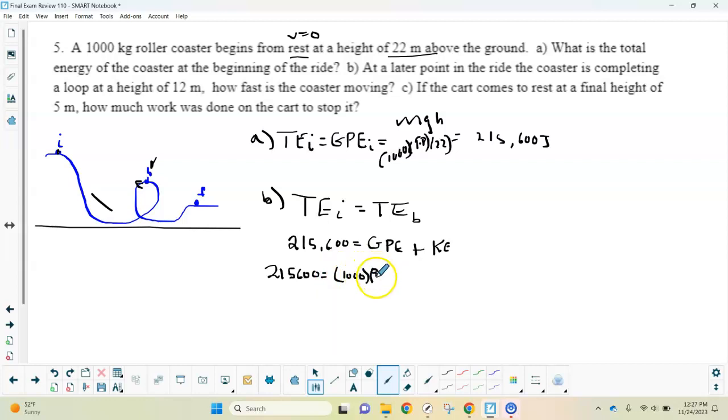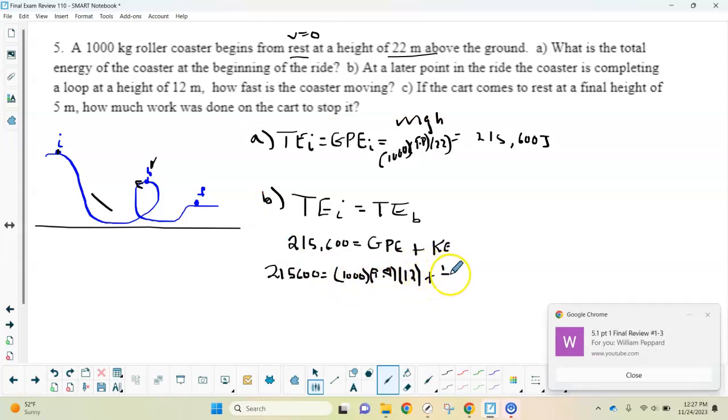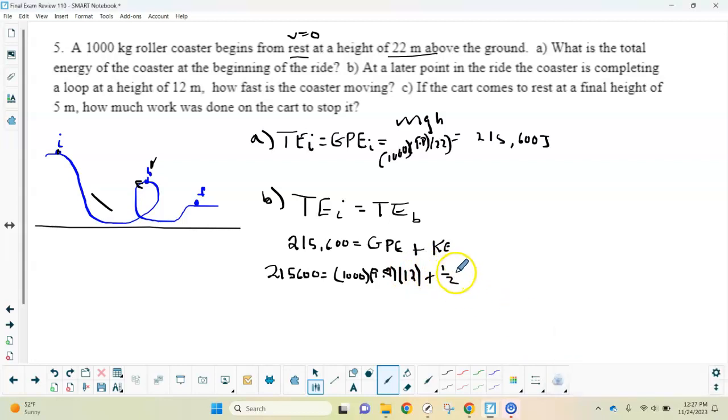Little g is 9.8. And then the height here, this loop is not as high as where it started, so it's only 12 meters instead of 22 meters off the ground. And then we have, for kinetic, the mass, which is 1,000, and then that's v squared. So we're looking for v, and you can plug all these numbers in your equation.